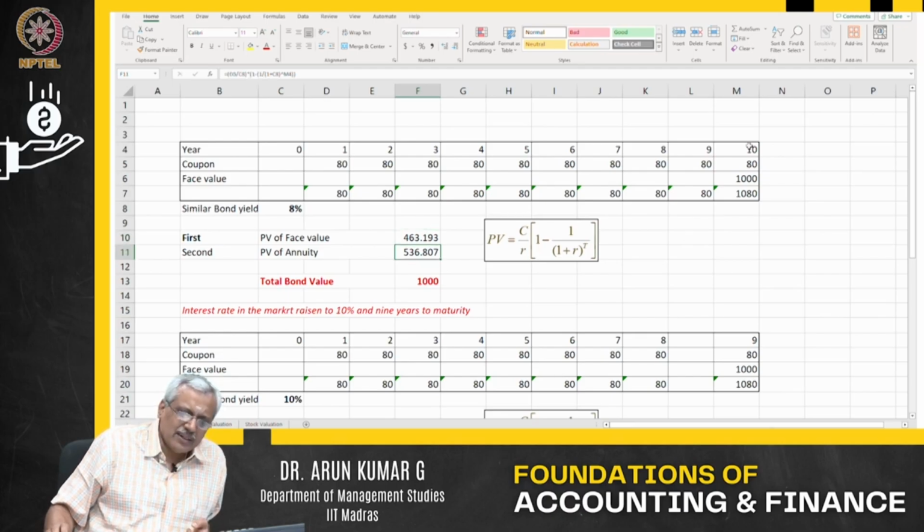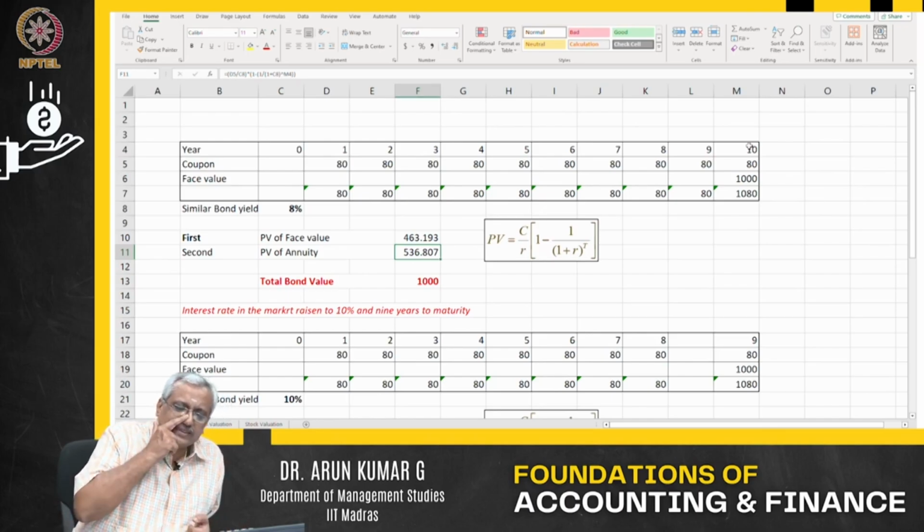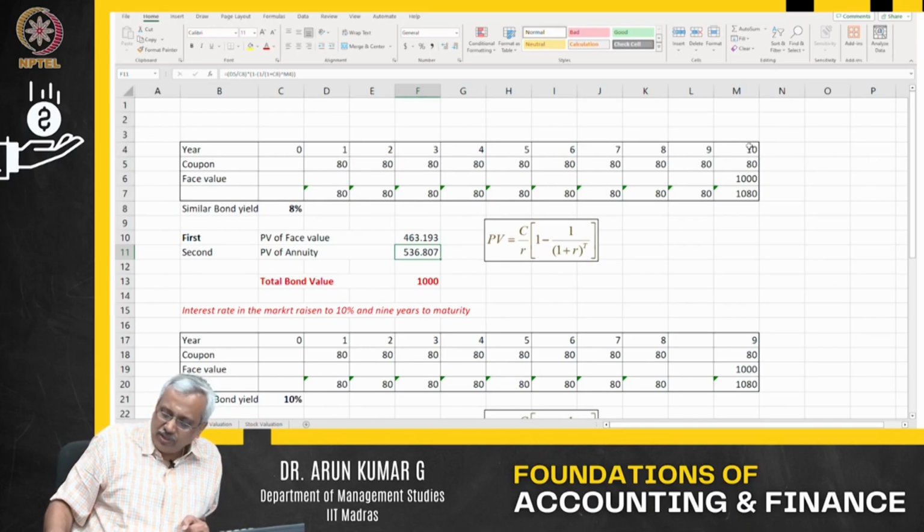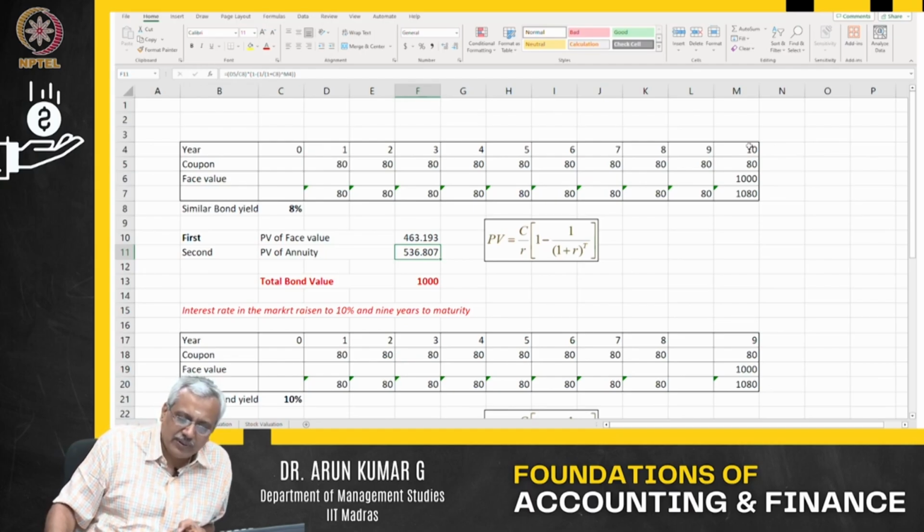Next, let us look at the present value of the annuity. Annuity means all the $80 interest you are getting every year for the next 10 years. What is the present value of that money? How do we calculate it? We have a very simple formula.